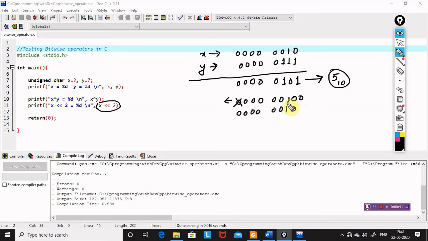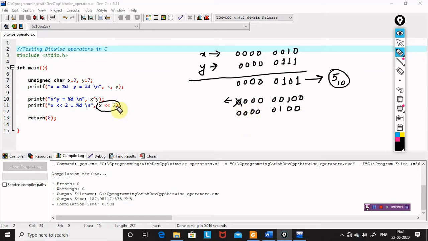No, I'm not correct, sorry. It is 0, 1, 0, 0. So this is the result after shifting the bit pattern to the left once.